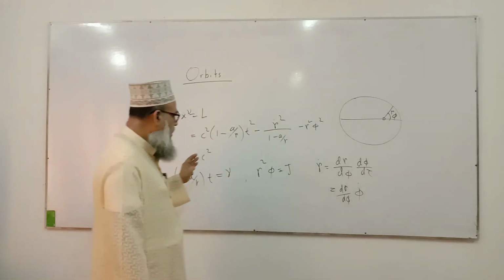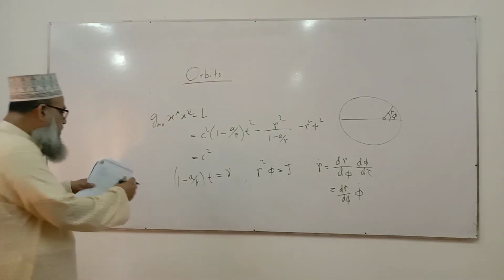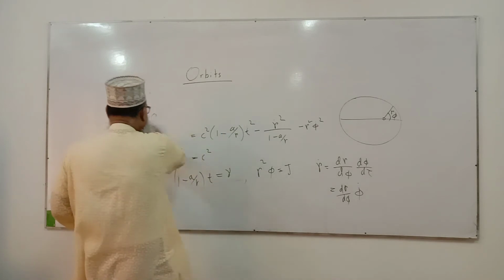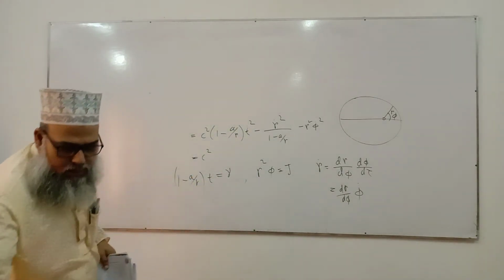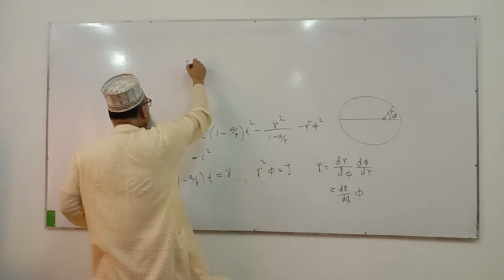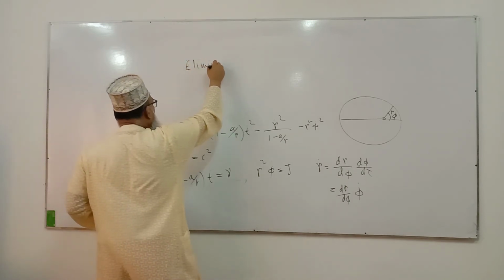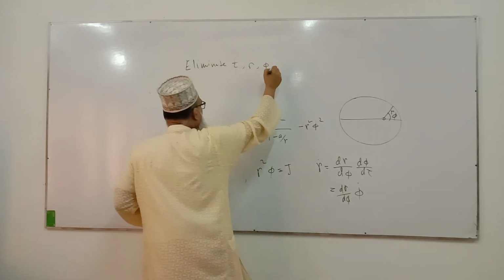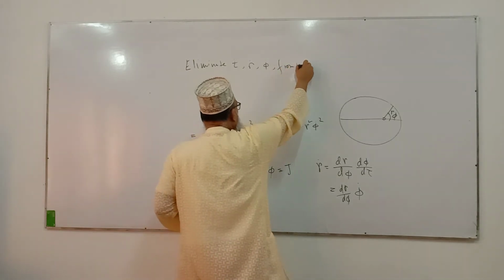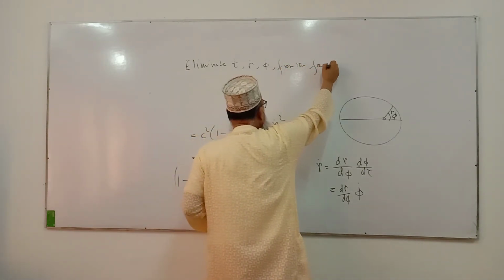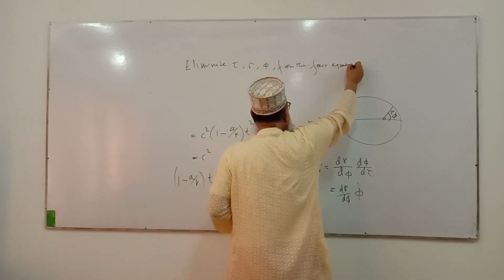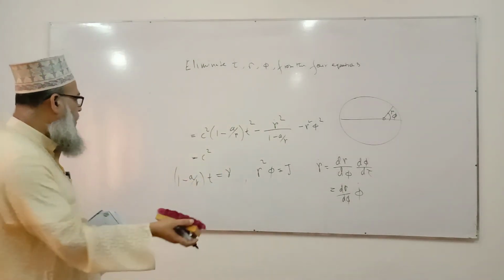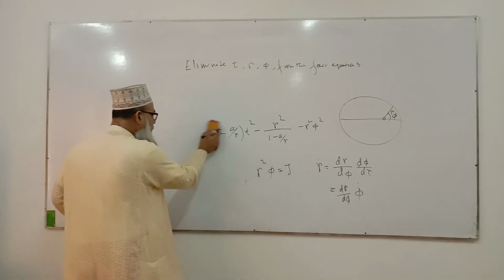We have 4 equations. From these 4 equations, eliminate t dot, r dot, phi dot. Just substitute one relation after another.